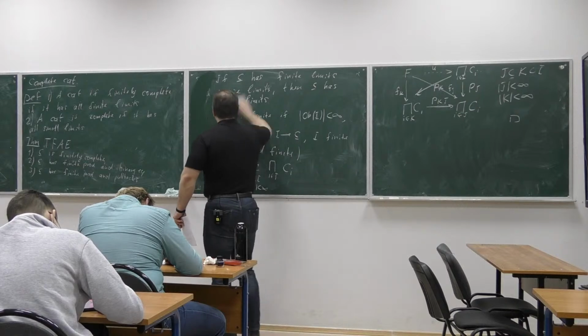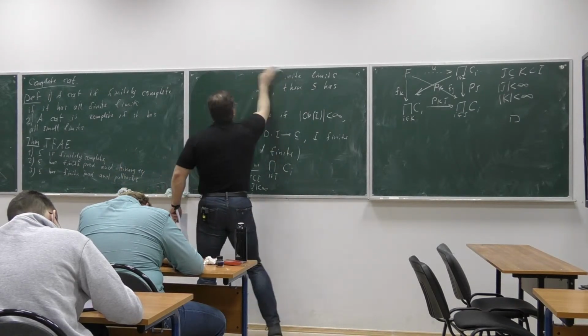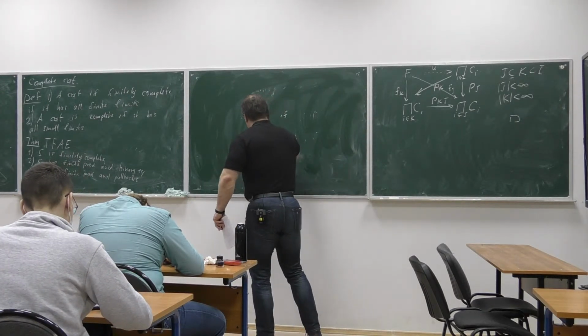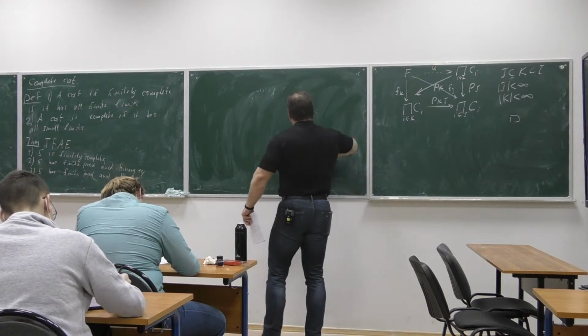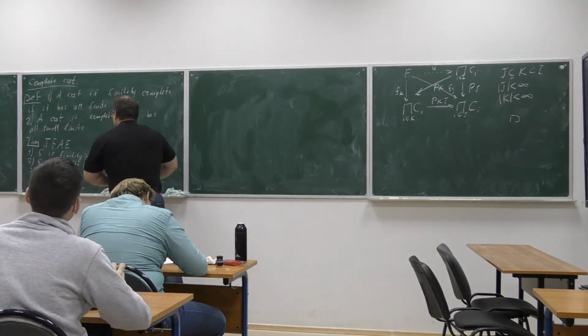So equivalence of 2 and 3, this is the only thing that we don't know in this theorem. There is also 4.